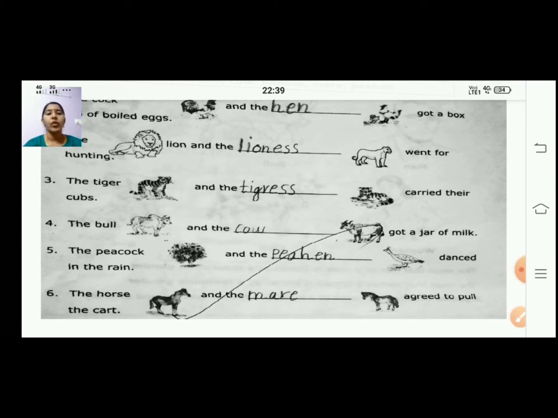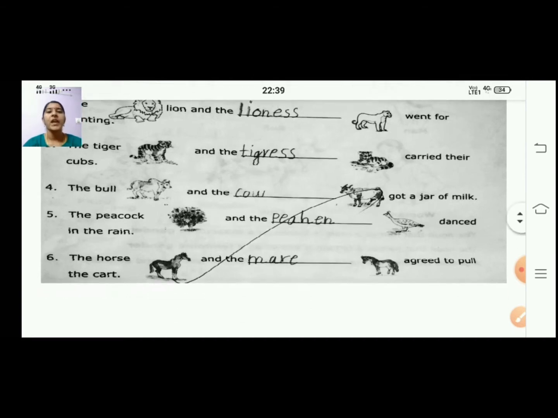Then the fourth one, the bull and the cow got a jar of milk. Now the fifth one, the peacock and the peahen danced in the rain. The last one, the horse and the mare agreed to pull the cart. So these are the things which we saw in the last class.